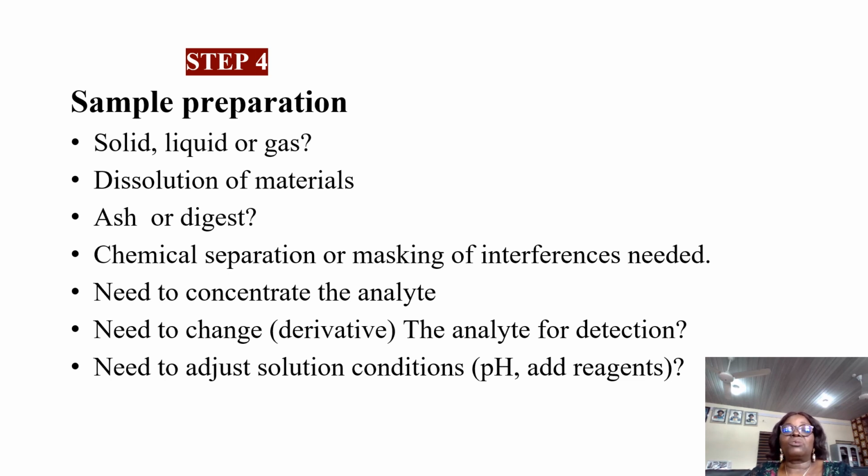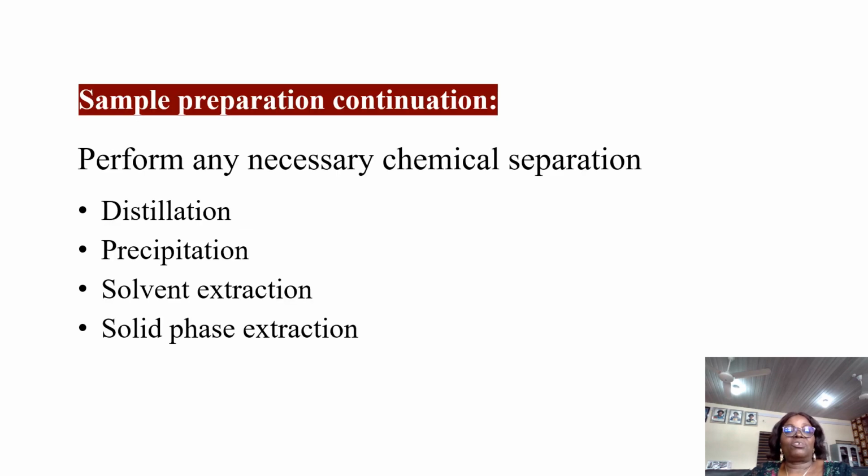And then you need to adjust solution conditions, such as pH; you add an acid or a base where necessary. Step 4, concentration. You perform any necessary chemical separation that you need to do. And then you distill, you precipitate, you apply solvent extraction or solid phase extraction, etc.